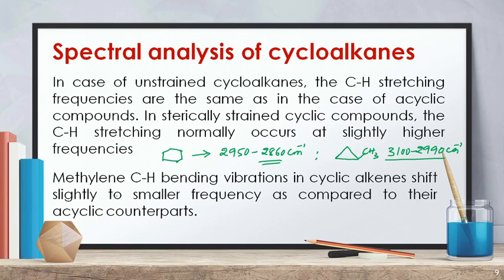Now come to methylene units. Methylene CH bending vibrations in cyclic alkanes, that is cycloalkanes, shift slightly to smaller frequency as compared to their acyclic counterparts. In the acyclic case, we have CH2 bending vibrations at 1370 and 1465 centimeter inverse.